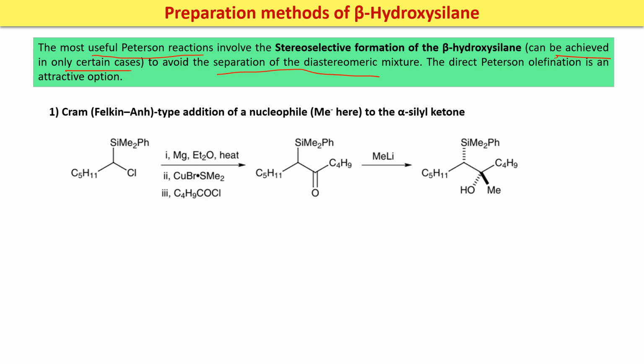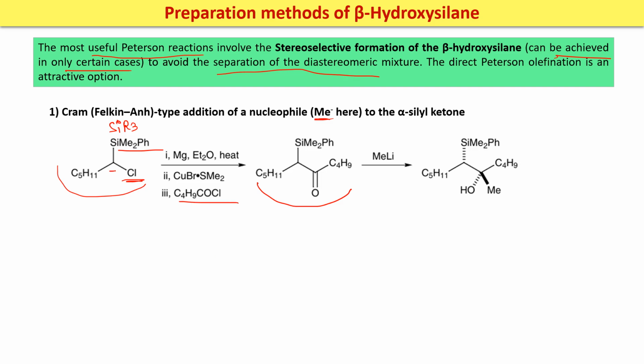Both we will see. So here you can see this example, a Cram or Felkin-Anh type addition of a nucleophile. What is the nucleophile? The nucleophile is Me minus, methyl minus, adding to the alpha silyl ketone. First there is formation of the alpha silyl ketone, and how are we getting it? If you look at the first product, here we have SiR3, which in general can be any groups R. In the presence of Mg there will be formation of the Grignard, that is MgCl, and then C4H9COCl.